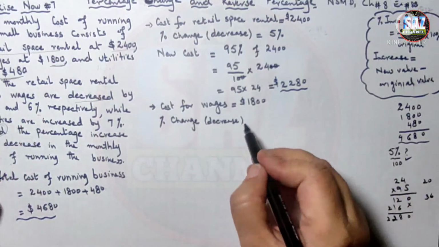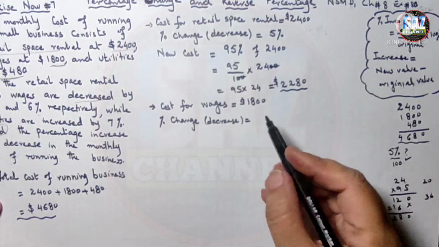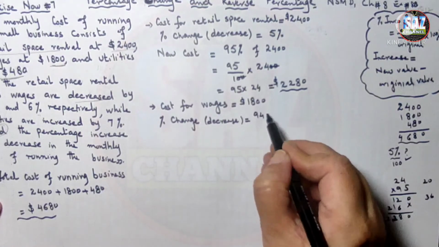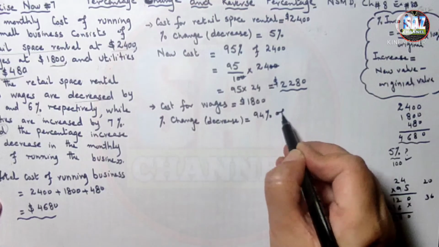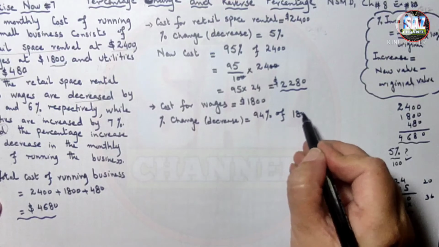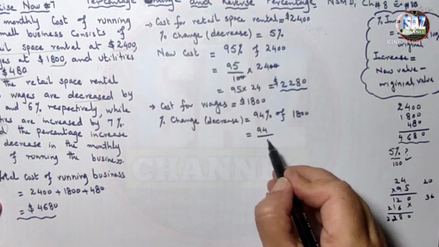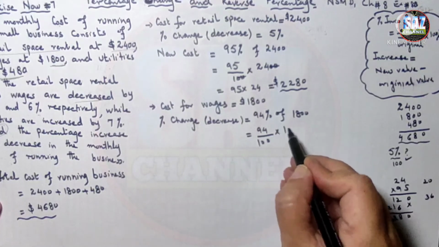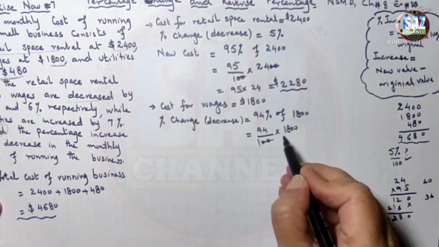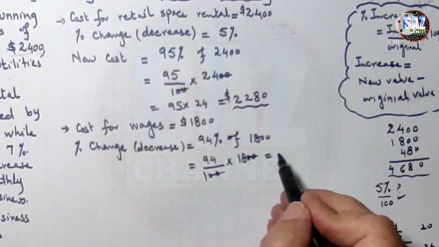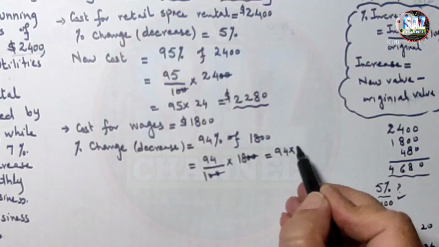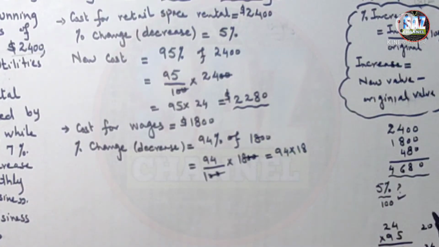So 6% decrease means that 100 minus 6 is 94% of 1,800, and this will become 94 over 100 multiplied by 1,800. 0 goes with 0, and 94 times 18, you have to do on your own, without a calculator.